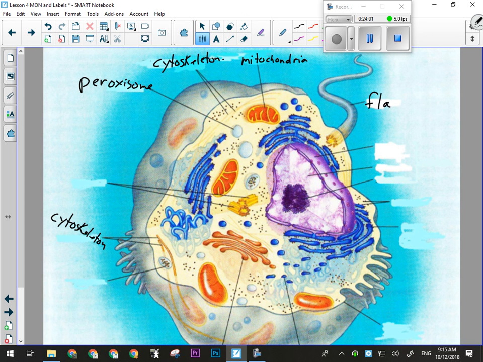It's a whip-like tail that certain cells can use to move. A euglena has one. You looked at a euglena yesterday. Sperm have them, but they're actually quite rare. There's only a few organisms that actually have them. I don't know why it's always on there. I guess they have to say this is sometimes there, so we're putting it on the diagram.